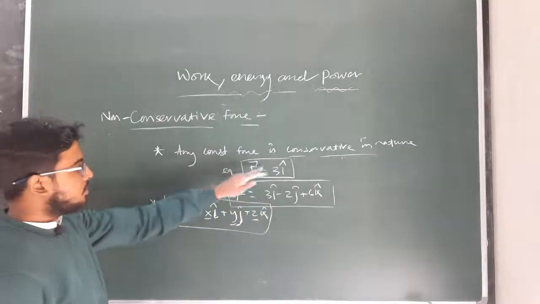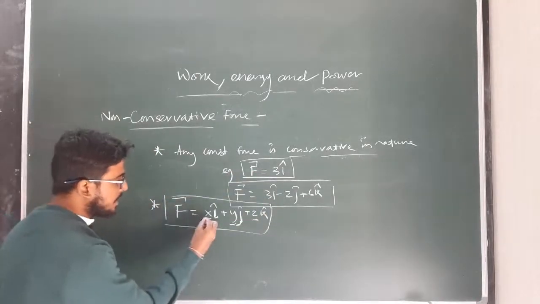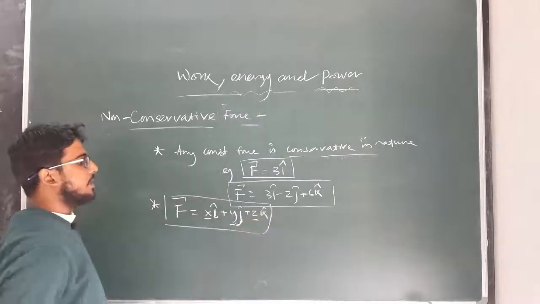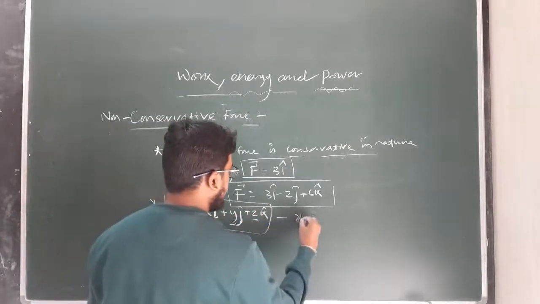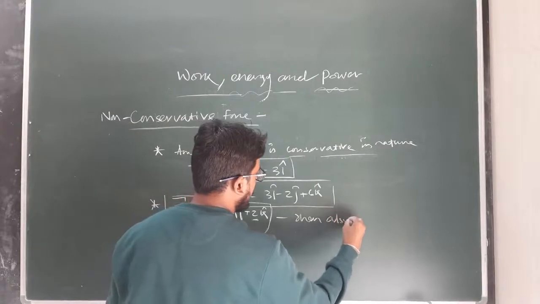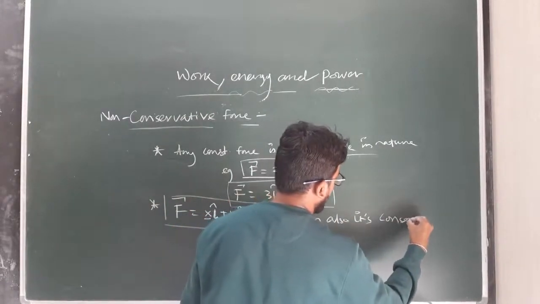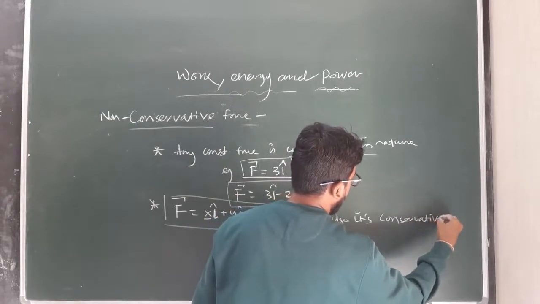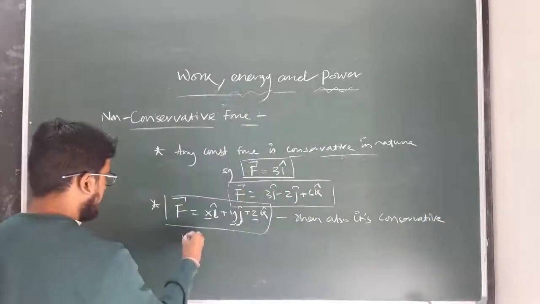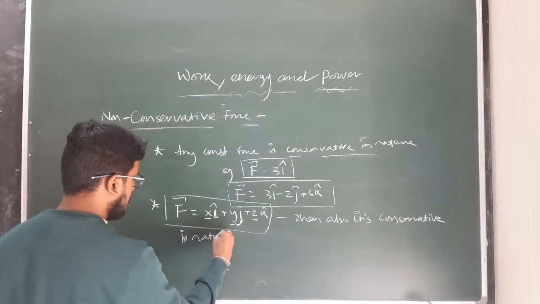So if a force is constant, or if a force is represented like this, x i cap plus y j cap plus z k cap, then also it's conservative in nature.